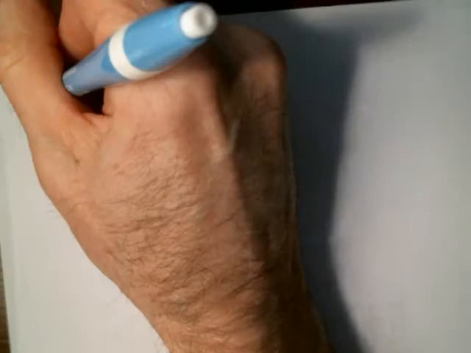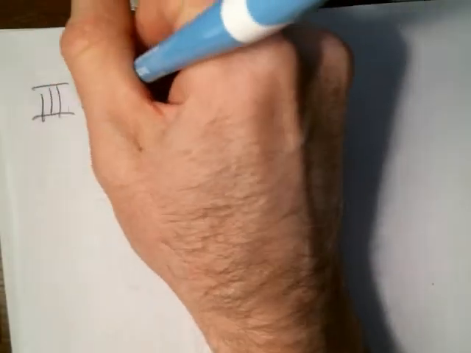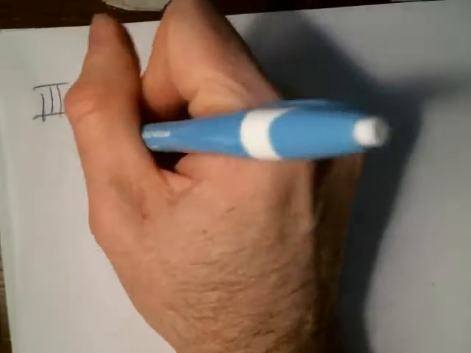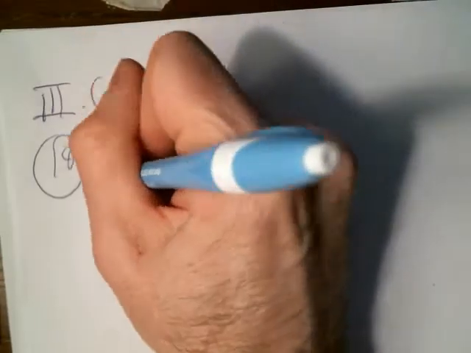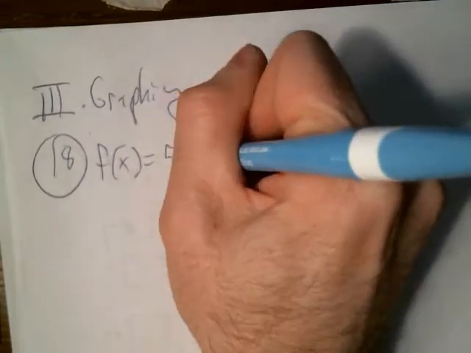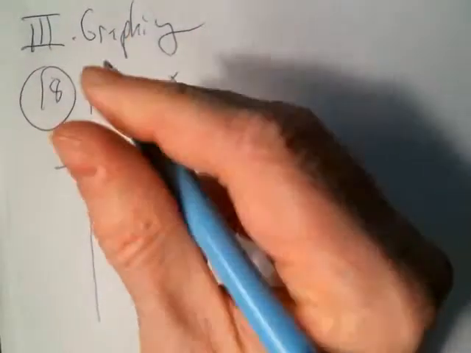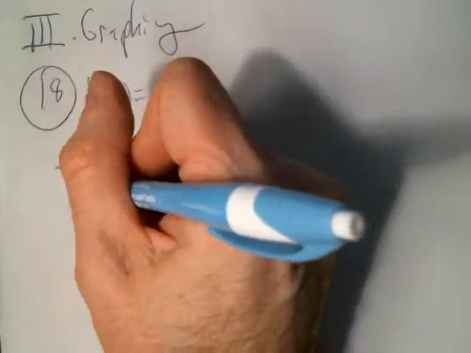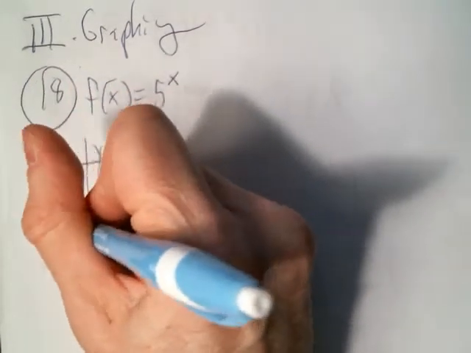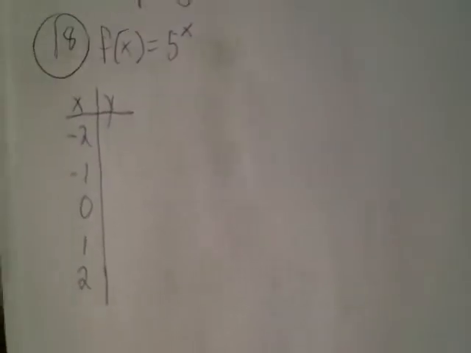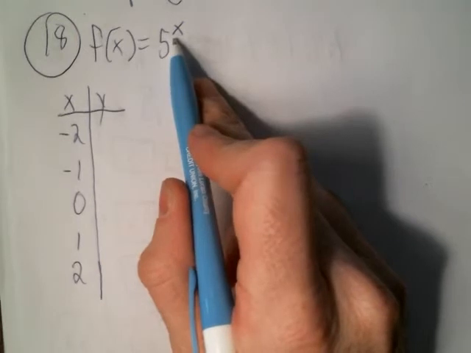So how do we get there? Well, we can do a table and just graph the points. So problem 18, we have f of x equals 5 to the x. You could use your calculator to do this if you need to, but you don't have to. You can do them in your head. I'm going to go -2, -1, 0, 1, 2. Then you plug these x values into the exponent.